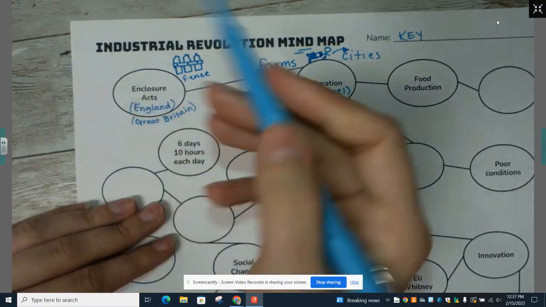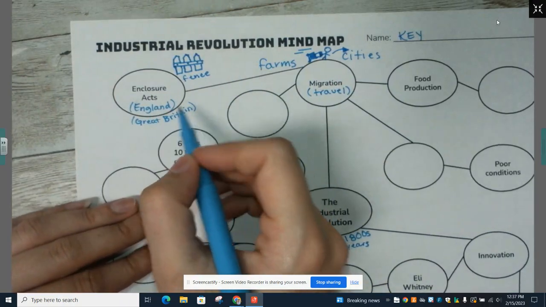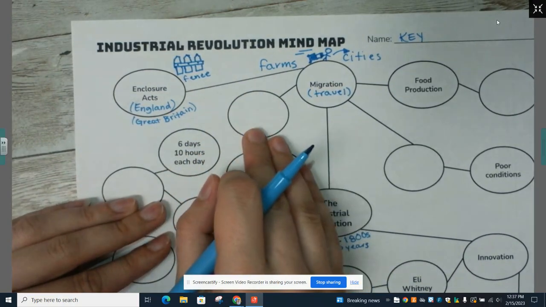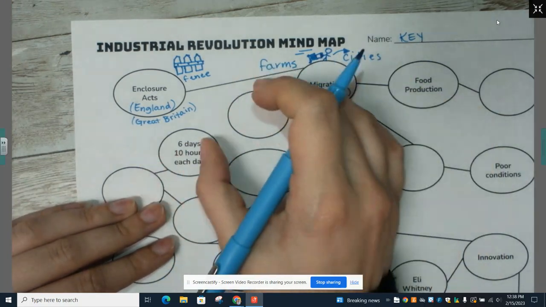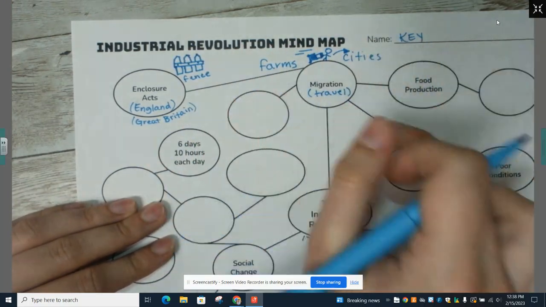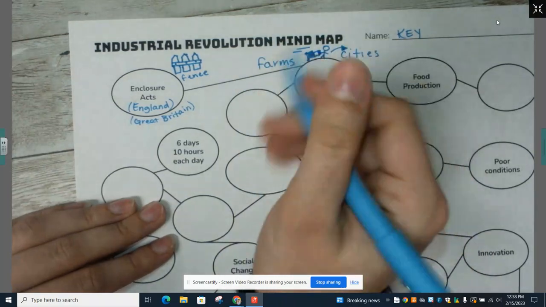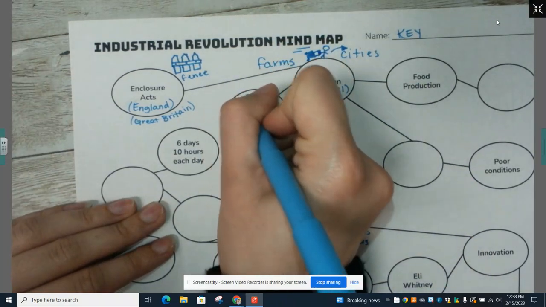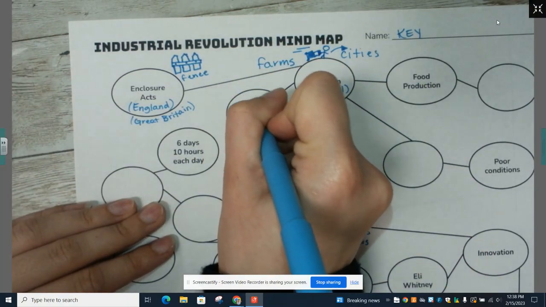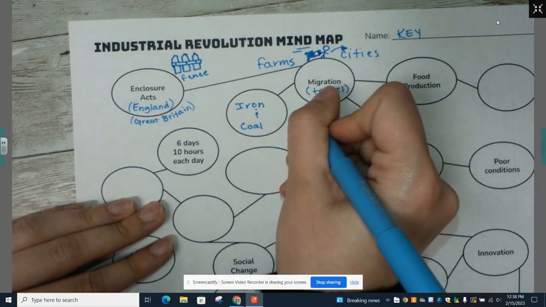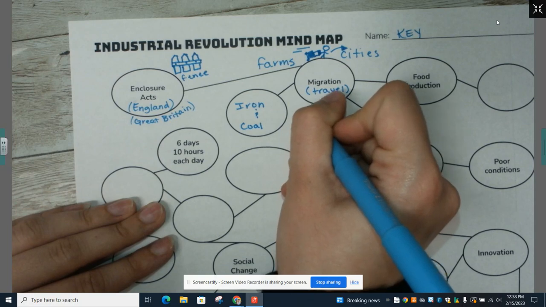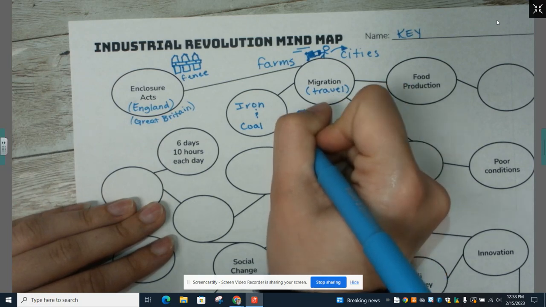Okay? Now, there were also two key resources in England that led to the migration of a lot of people over into the cities. And those two resources are iron and coal. So I know in Minecraft, the coal kind of looks like little black clumps like that.